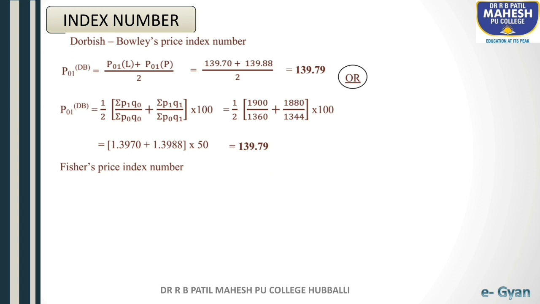And the last one is Fisher's price index number. The formula of Fisher's price index number is root of P0 of Laspeyres into P0 of Paasche. As you know, we have already calculated these two values. Substitute P0 of Laspeyres as 139.70 and P0 of Paasche as 139.88.